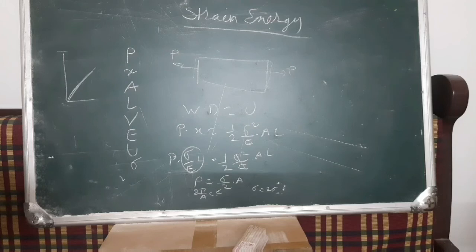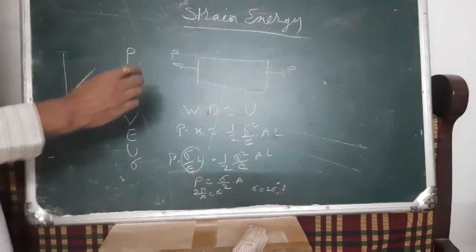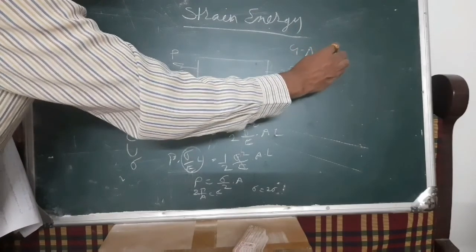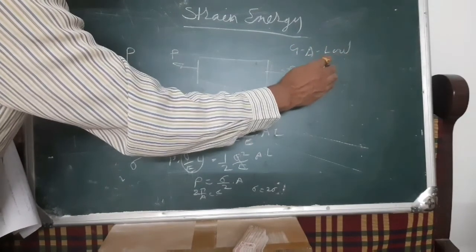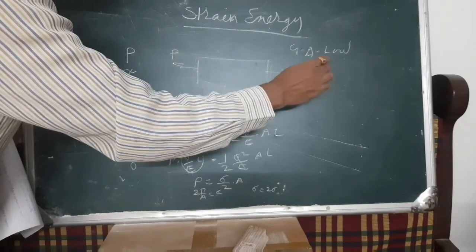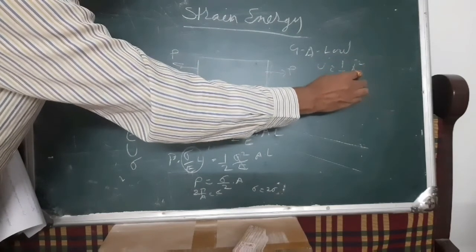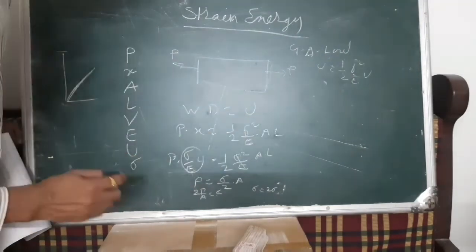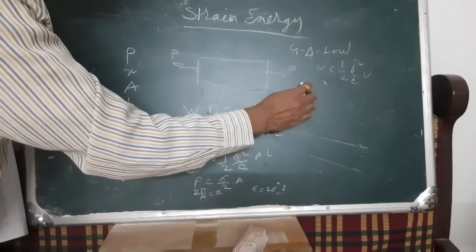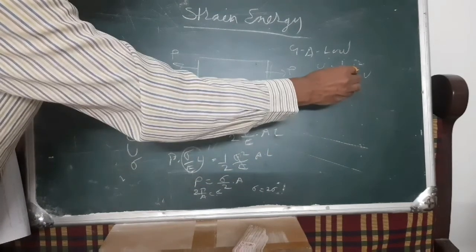So we can say that when we go for a gradually applied load, whatever stress is there, U is equal to 1/2 sigma square by E into V. Whereas when we go for the suddenly applied load, U is equal to, here the sigma will be twice sigma.